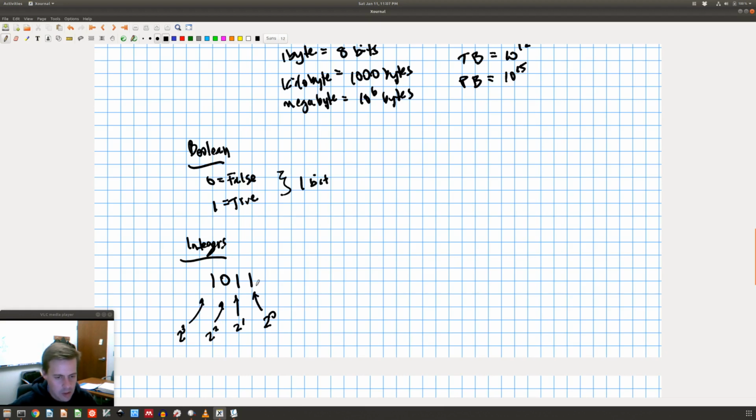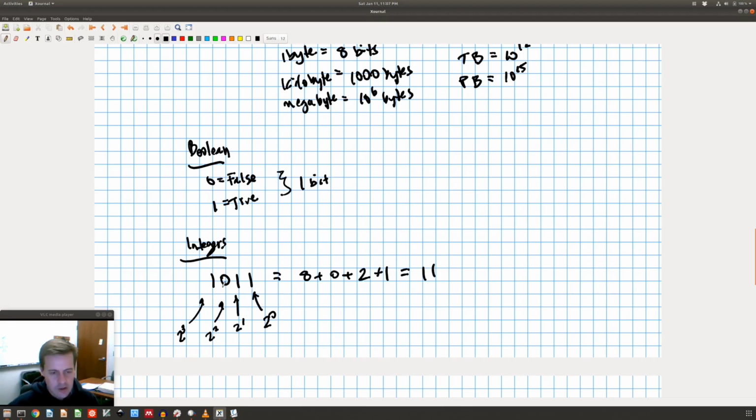Normally when we write numbers in base 10, that would be 10 to the 0s, 10 to the 1s, 10 to the 2s, and 10 to the 3s. If we want to convert this to decimal, we say 2 to the 0, so that'll be 1, plus 2 is 3, plus 8, so 8 plus 0, and that gives us a value of 11.